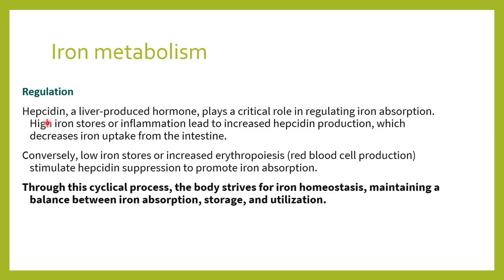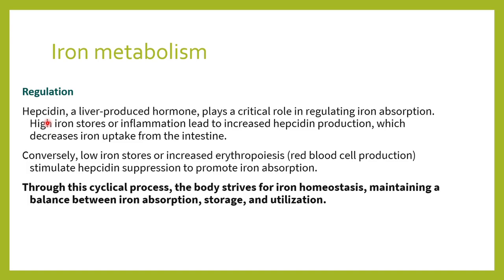High stores of iron or inflammation can lead to increased hepcidin, which causes decreased iron uptake. Whenever the hepcidin is high, it will inhibit ferroportin, and once the gate is closed, the iron cannot come into the bloodstream, so it reduces the output of iron from the mucosal cells.